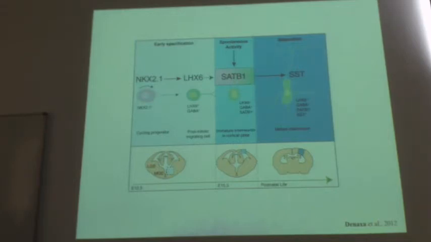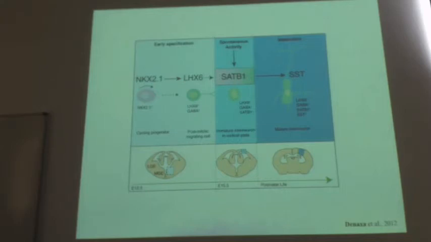So all I'm saying is that maybe LHX6 is required for the different GABA receptors that are expressed at this specific state, and this is important for the whole physiological pathway to activate SATB1. That's how maybe LHX6 works.